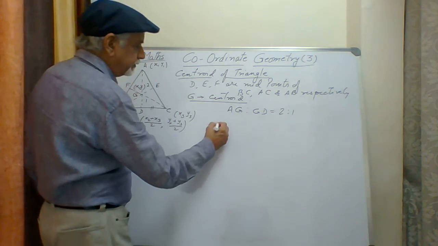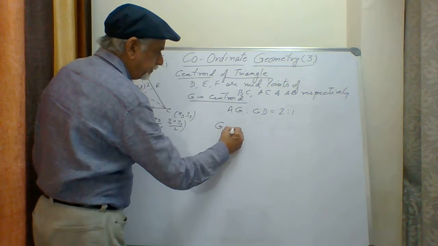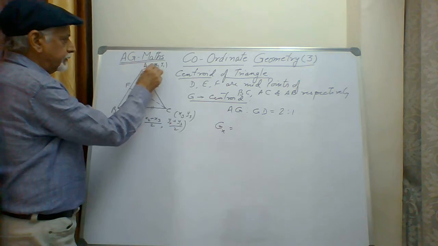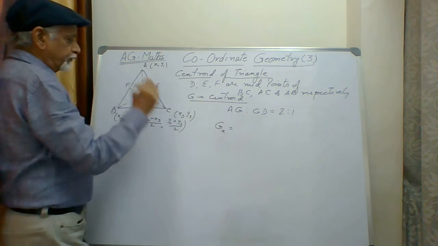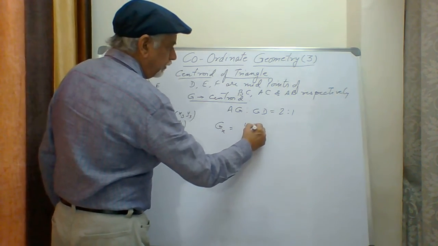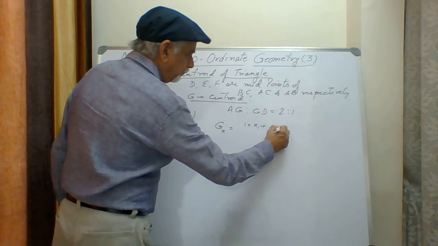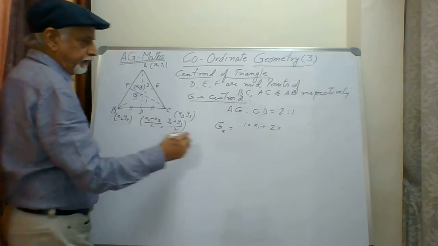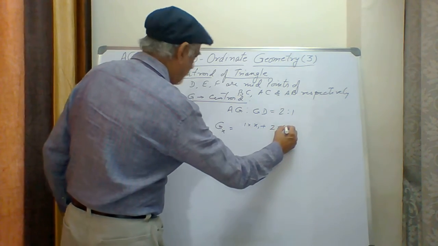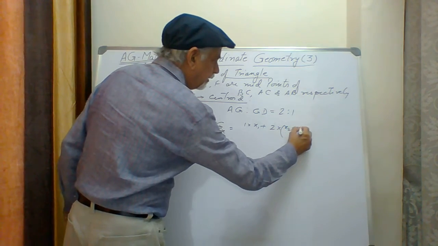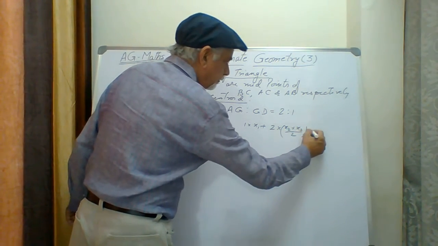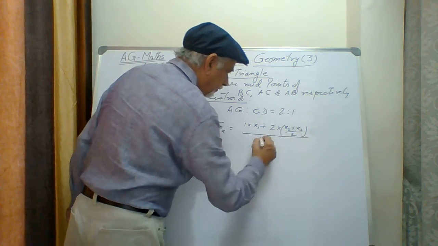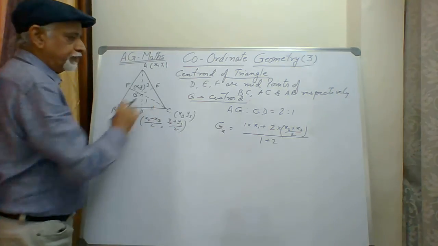Gx is equal to 1 into x1 plus 2 into the x-coordinate of D, which is x2 plus x3 over 2, divided by 1 plus 2.